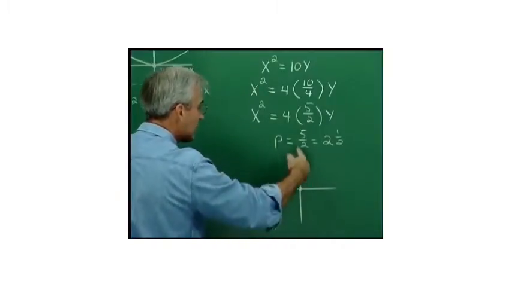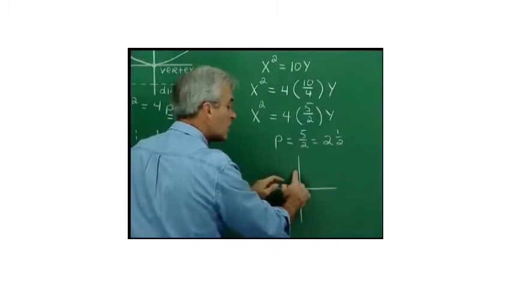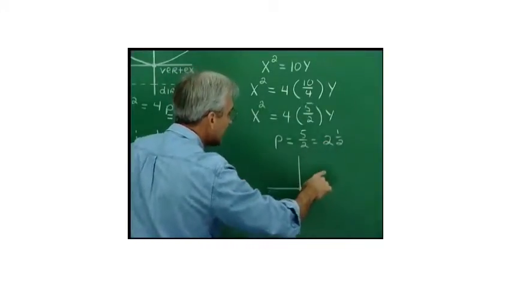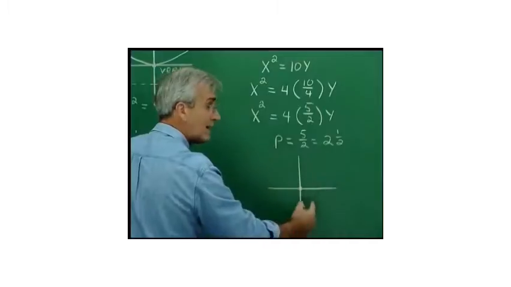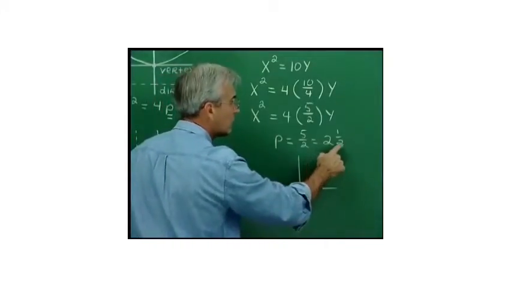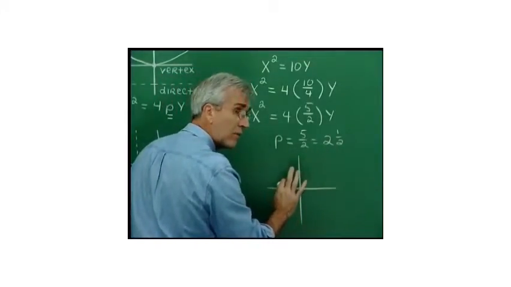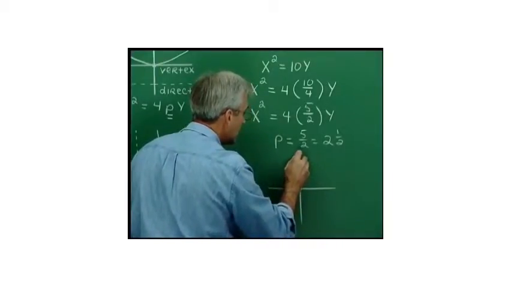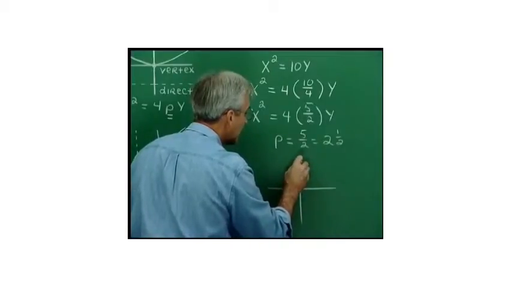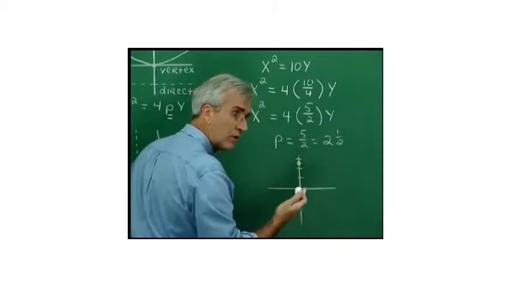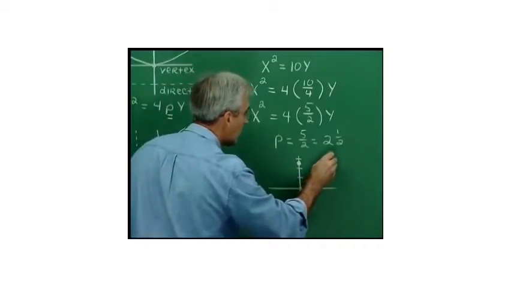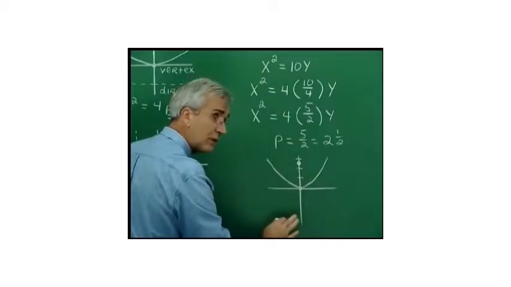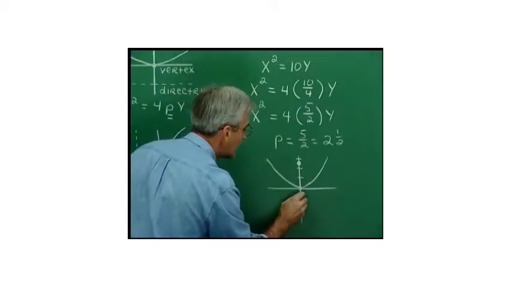And then because of that, we have this opening either up or down. Now with a p-value that's 2.5, it's positive, we know that the parabolic curve is going to open upward, because here's 3, so 2.5 would be right here. There's the focus. The curve tends to wrap around that focus point, so the curve then would look like this. And the directrix would be the same distance on the other side of the vertex.